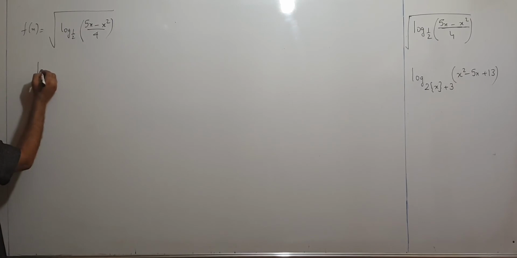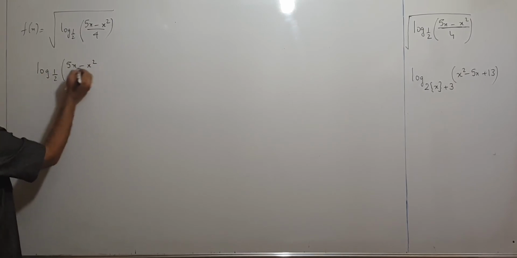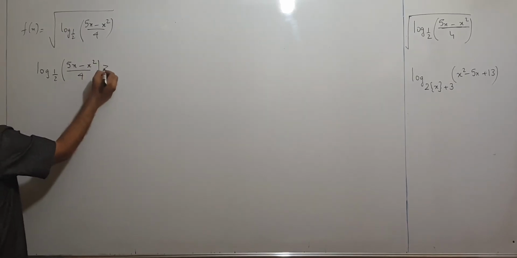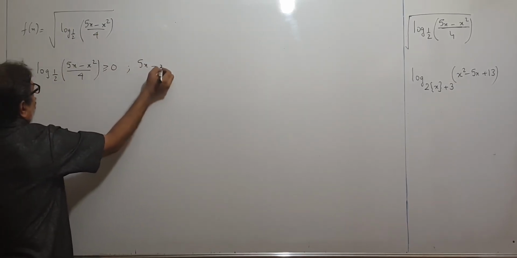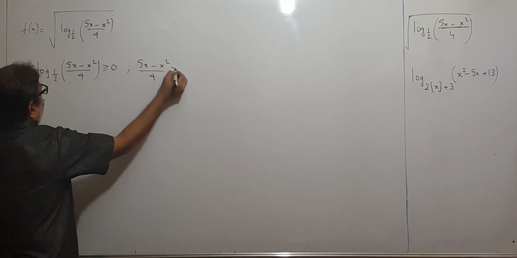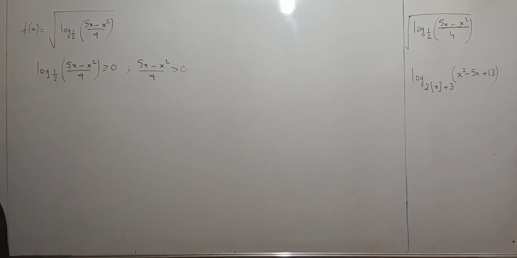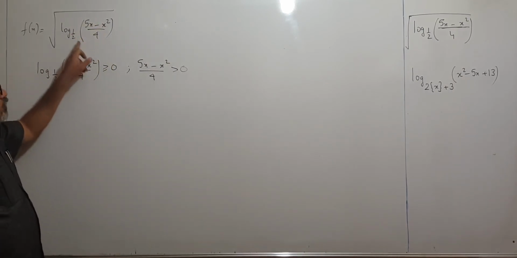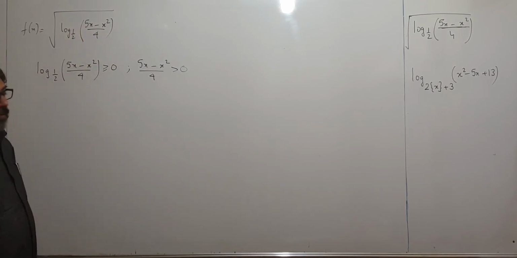So log base half of (5x minus x square upon 4) should be greater than or equal to 0, and this number should be positive. Otherwise the log cannot exist. So this number should be positive, and the whole of this should be greater than or equal to 0.